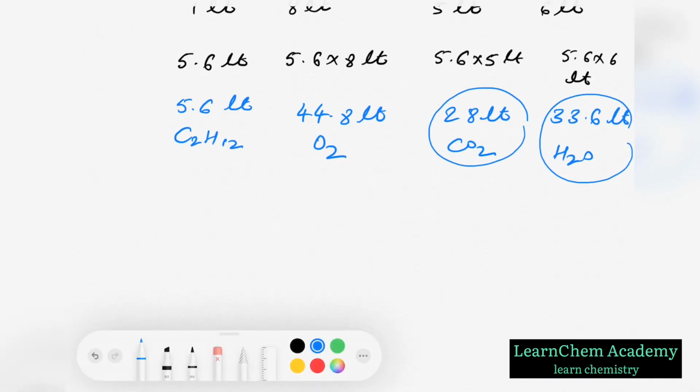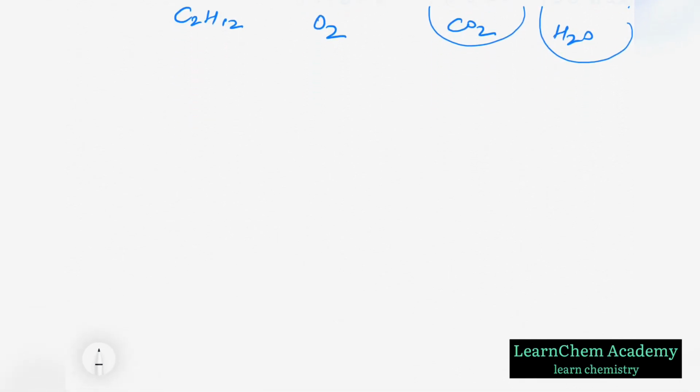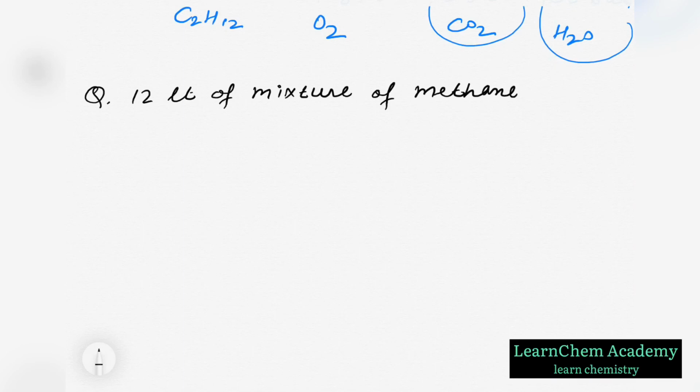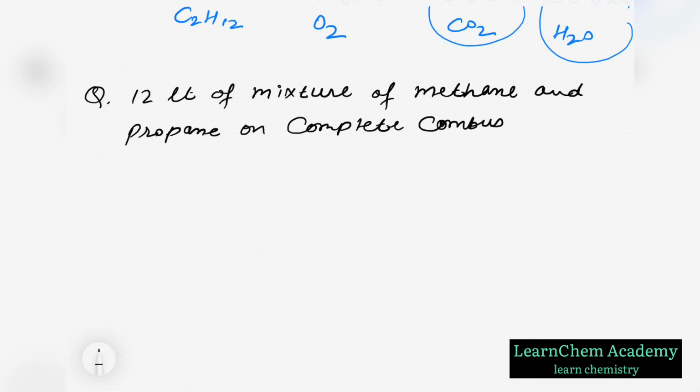Okay, now write down the next question, this is the last question: 12 liter of a mixture of methane and propane on complete combustion gives 14 liter of CO2.